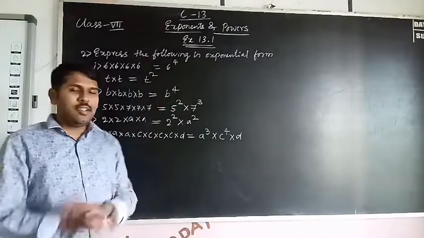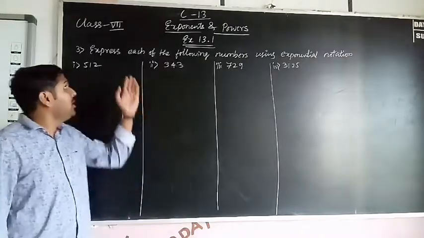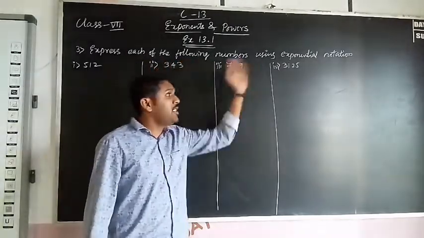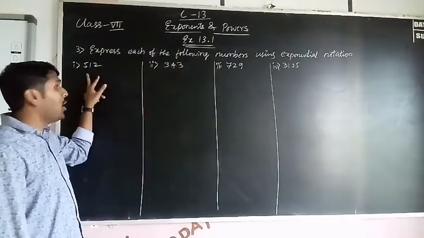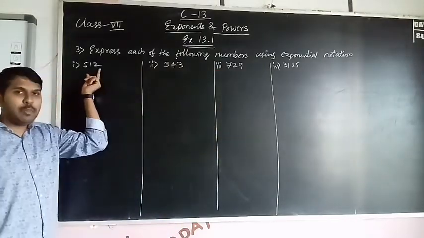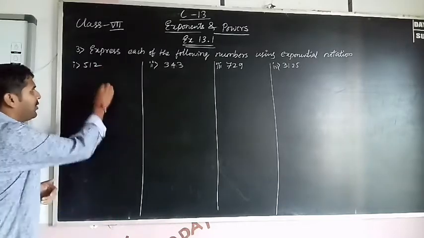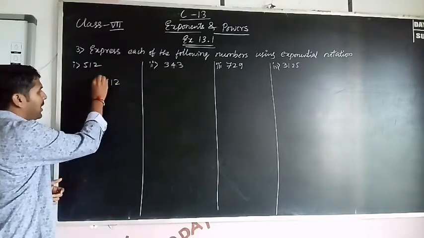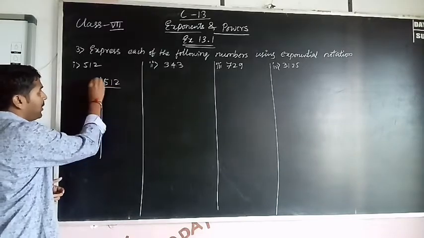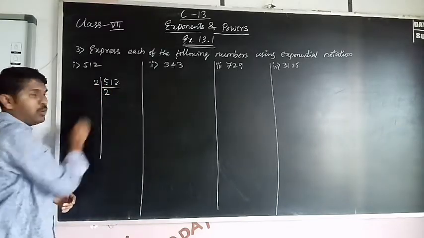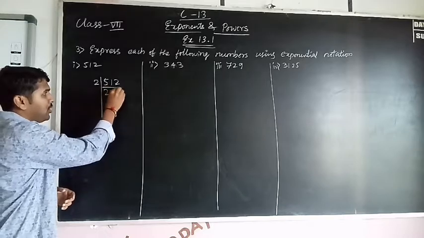These are the answers. So next one, express each of the following numbers using exponential notation. So how to express this one? This is an even number, so start by dividing this number by 2. Okay, so 512 is there, divide by 2. 2 2s are 4, 1 remains, 11, 2 5s are 10, 2 6s are 12.